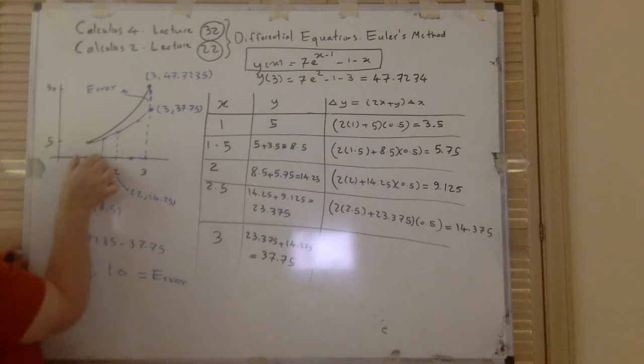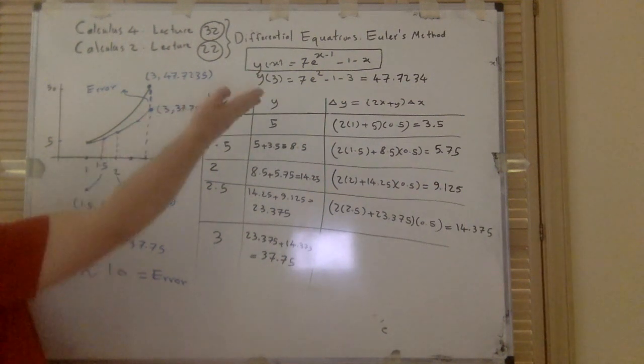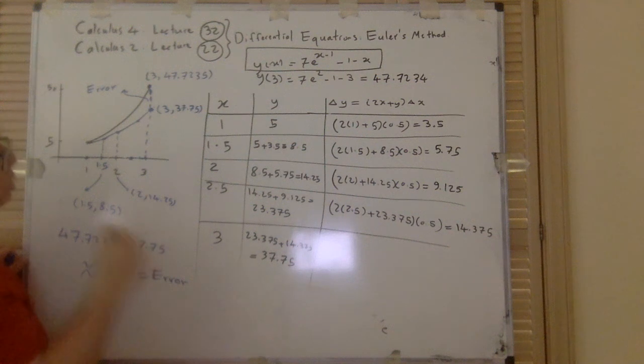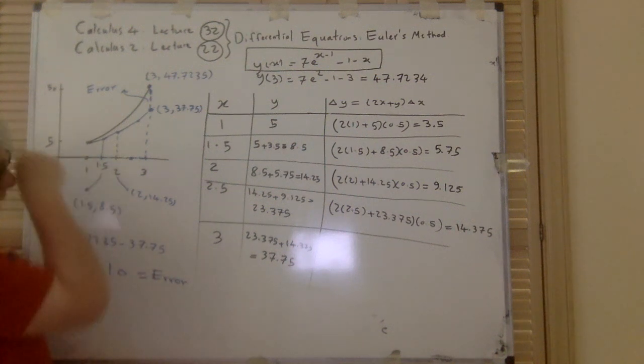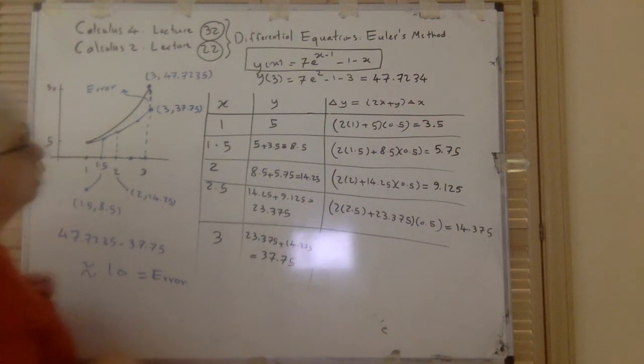So if I go say 0.25 or 0.1, just take 0.1, it gives me lots of points here, but it also gives me a much better approximation.